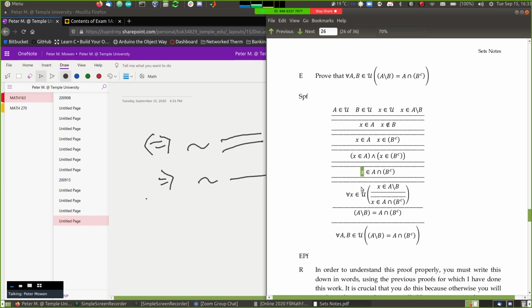So we can conclude that for every X in the universe, X being a member of A without B implies that X is a member of A intersect B complement. And so it follows that for every A and B in the universe, A without B is equal to A intersect B complement.